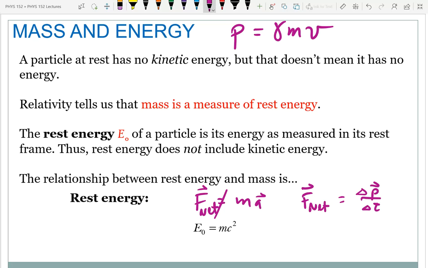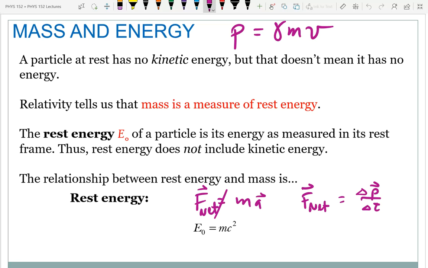If the speed goes faster than the speed of light, what does gamma give you? It gives you an imaginary number. So gamma is not even a real value at speeds exceeding the speed of light. And as you approach the speed of light, the momentum approaches infinity. This has some important implications.